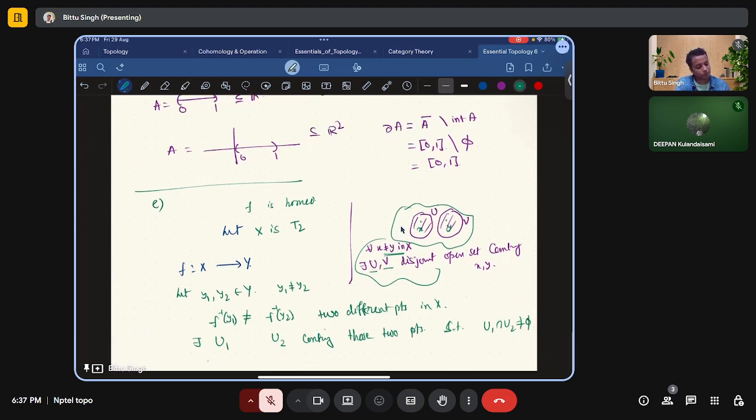Now apply f. Containing those two points means these two points. Now f of U1 and f of U2 contain those two points respectively. By Hausdorffness, by T2, since X is T2, this will be true. There exist some open sets U1, U2.